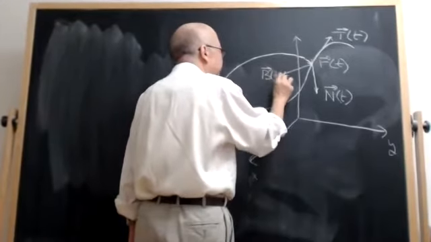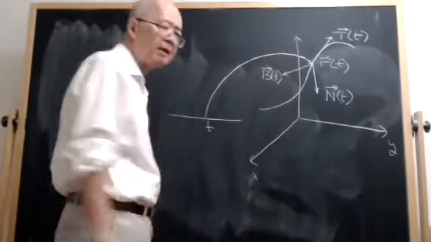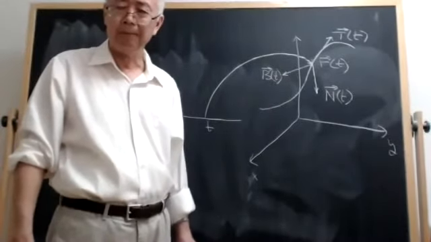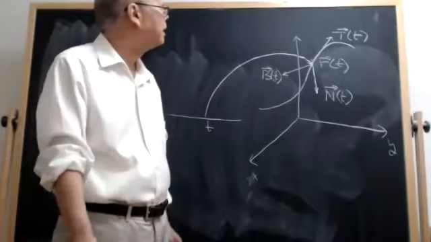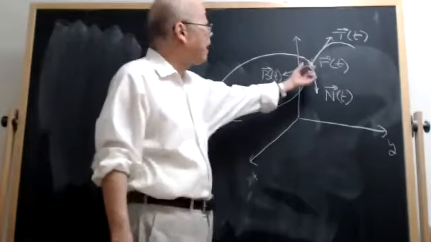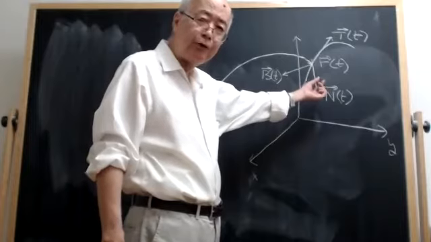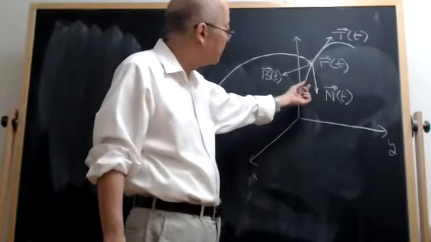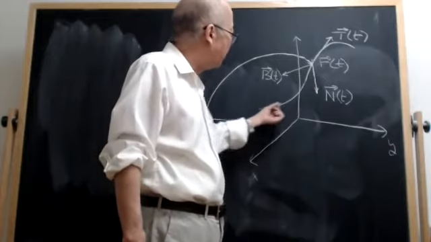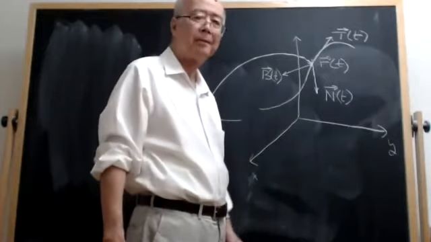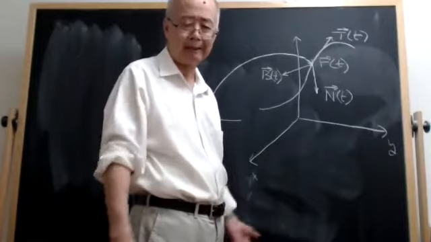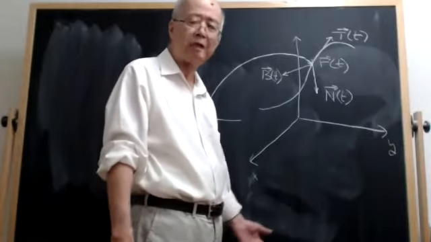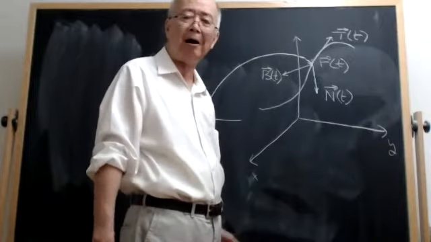Right? I have skipped the curvature in this discussion. Okay. So we have a plane, a three-dimensional coordinate system moving along the curve. But this is too abstract. Okay. So we are going to specialize to our example.